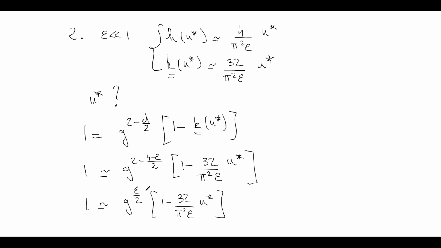And I can also transform that into an exponential. So this is exponential epsilon over 2 log of G. So if I put this exponential on the other side, it's exponential minus epsilon over 2 log G should be equal to 1 minus 32 pi squared epsilon at small epsilon.